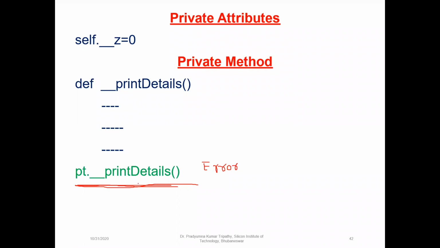Now, what is the use of private methods? If it cannot be called by the object name, then why would you have a private method? So it may be used to access the private data members. Suppose a private method calls private attributes, that is okay.